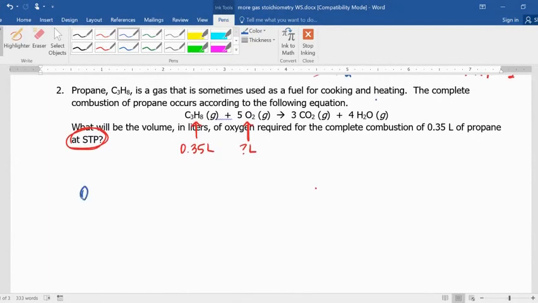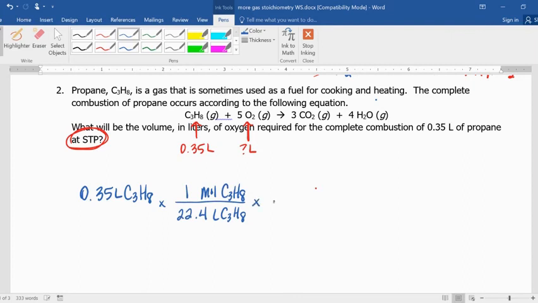So we're simply going to start with 0.35 liters of C3H8. And using mole island, we can see that we're going to go from liters of C3H8 to moles of C3H8. And for any gas at STP, 1 mole is equal to 22.4 liters.